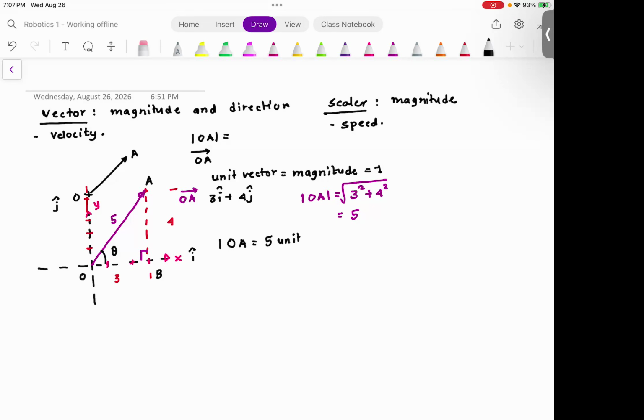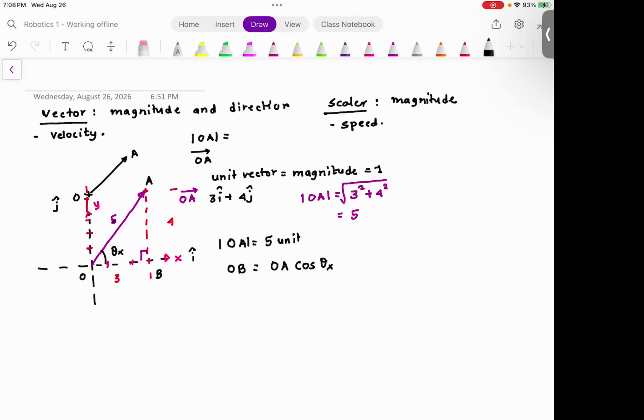This is the magnitude of OA. I can say OB is equal to OA cosine of theta. I'm going to call this theta x, so this is cosine theta x.